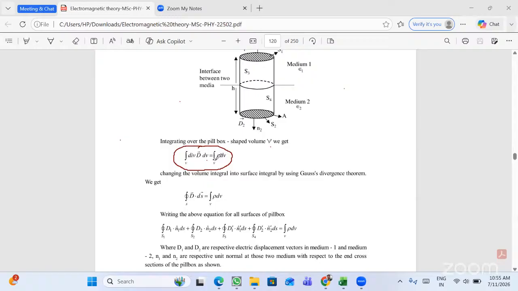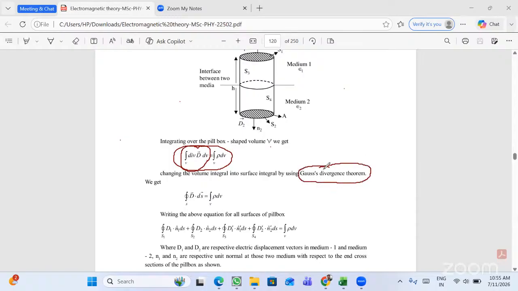Right. Now, after integrating over the volume, we have to convert the LHS into a surface integral. In order to convert this volume integral into a surface integral, we will be taking the Gauss divergence theorem.